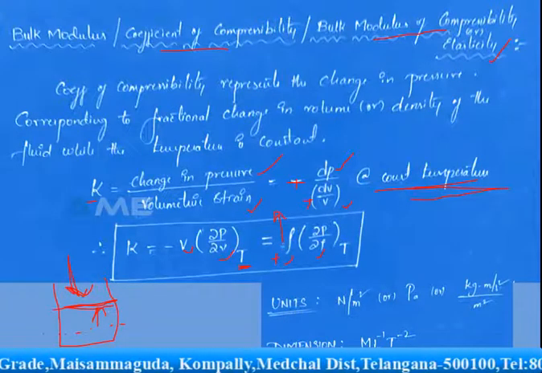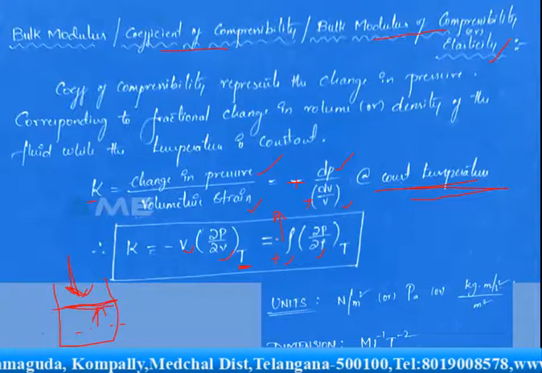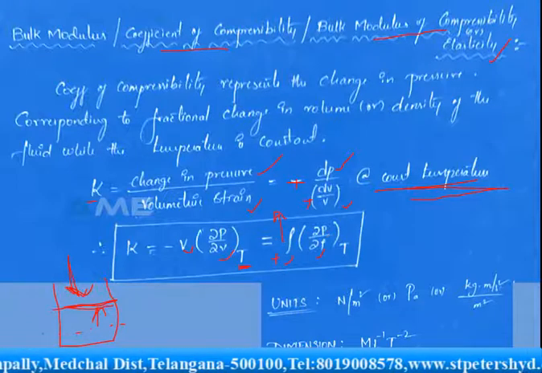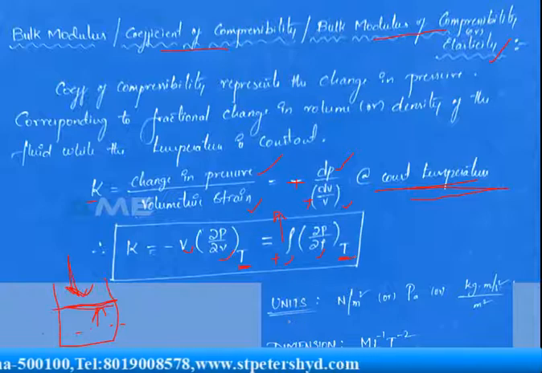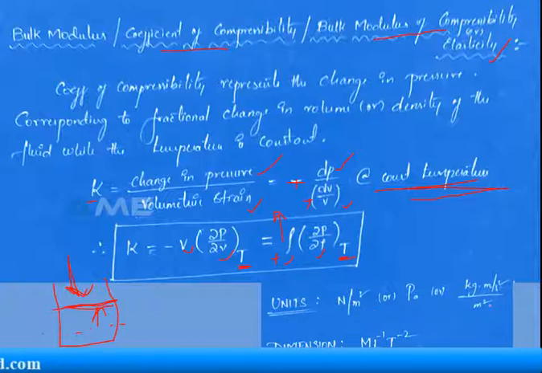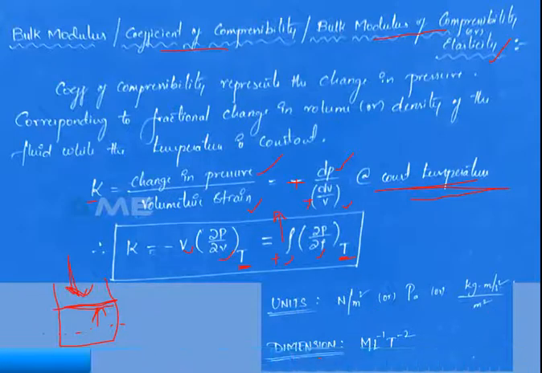That's why you are not taking any negative value here: K equals rho dou P by dou rho at constant temperature. The units for bulk modulus are Newton per meter square or pascals, or kg meter per second square divided by meter square, and the dimensional units are M L to the power of minus 1 T to the power of minus 2.